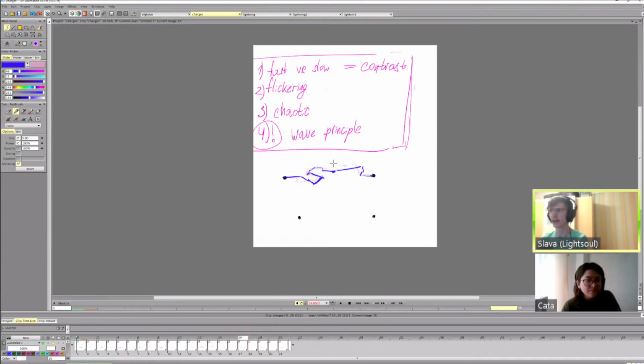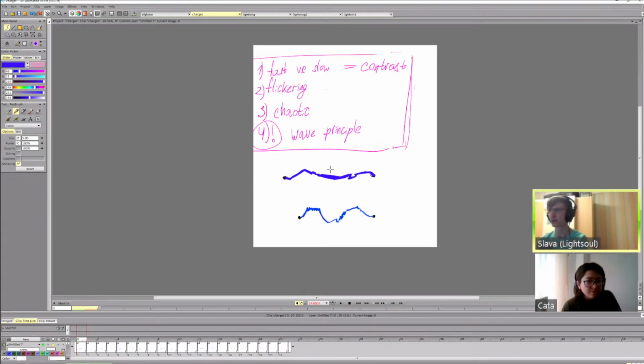So we're going down. So let's start. We're going up. Now we're going down. Now we're going up. Now we're going down. And now we're going up. And this will also help us loop because we have interchange in directions. And the direction at the end of the frame continues the direction at the start of the frames.